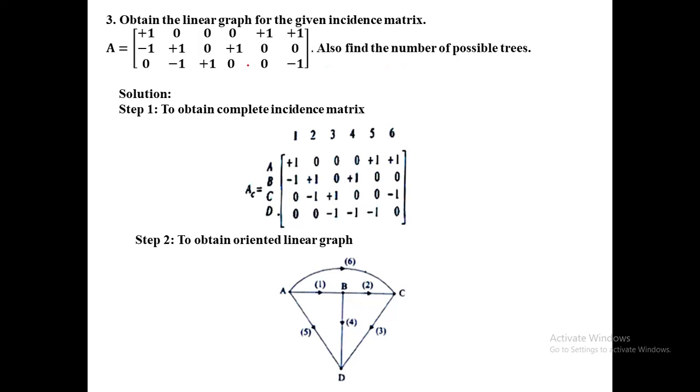First we have to draw the graph. For that, first we have to check whether our matrix is an incidence matrix or a reduced incidence matrix. How can we check? We have to add the column. If it is 0, we know that this is the incidence matrix; otherwise, it is a reduced incidence matrix.